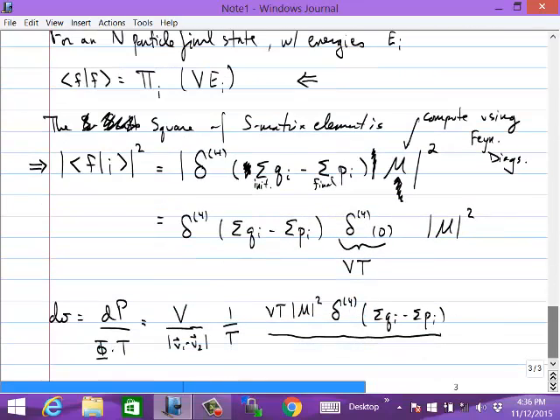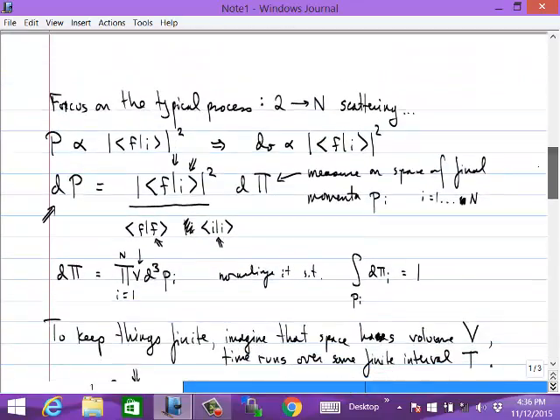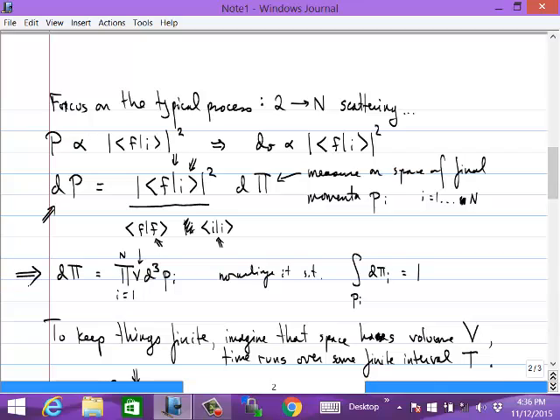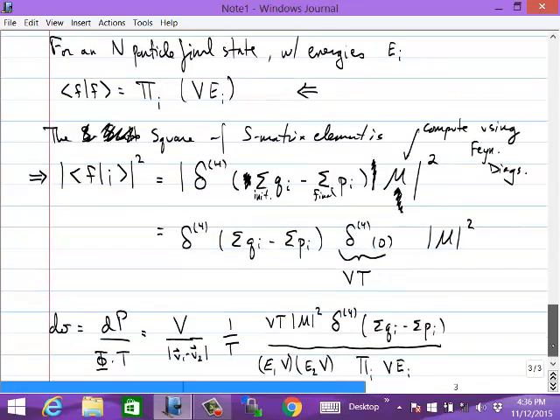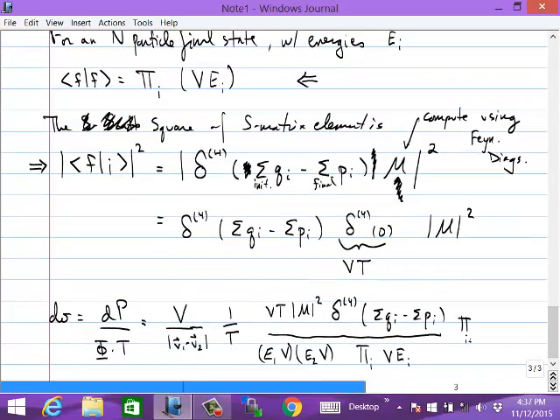For the initial state, we have a two-particle state, so we have the energies E1 times volume and E2 times volume of the two initial states. And then we have a normalization factor for each one of these final states, volume times energy for each final state. And then finally we had the measure on the space of final momenta, a product over i going from 1 up to n of volume times d3pi.